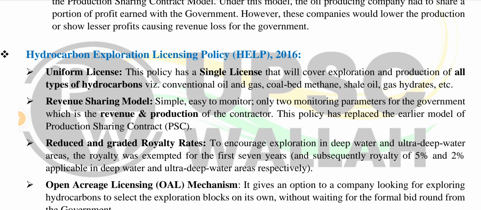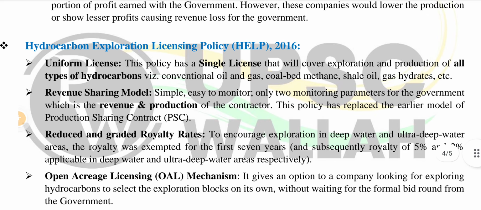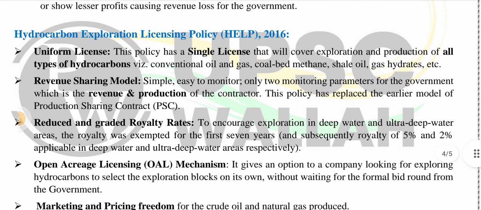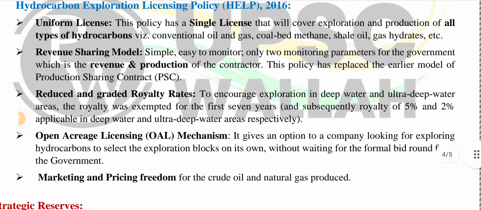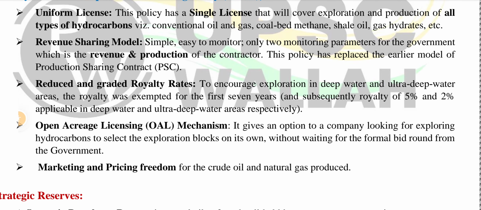This policy has a single uniform license that will cover exploration and production of all types of hydrocarbons, which include conventional oil and gas, coal bed methane, shale oil, gas hydrates, etc. Revenue sharing model is simple and easy to monitor, with only two monitoring parameters for the government, which are the revenue and production of the contractor. This policy has replaced the earlier model of production sharing contract, PSC.